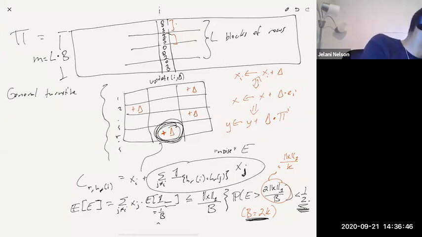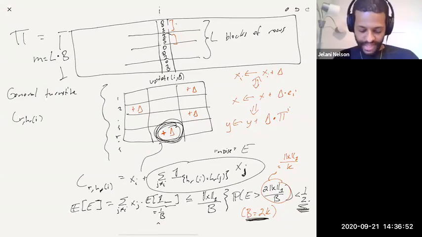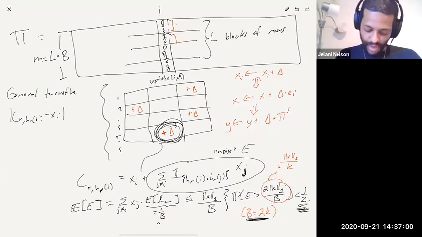So I look at, say, C[h_r(i)] minus x_i, and I look at the absolute value of that. This is at most, by triangle inequality, the sum over j not equal to i of the indicator of collision times x_j.